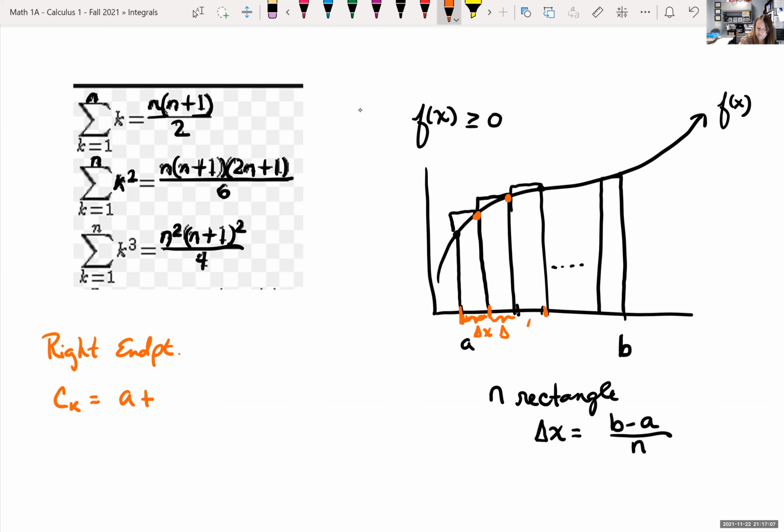The third endpoint, I would have to take A plus delta x plus delta x plus delta x. So to get that right endpoint, I can just say it's A plus k times delta x.